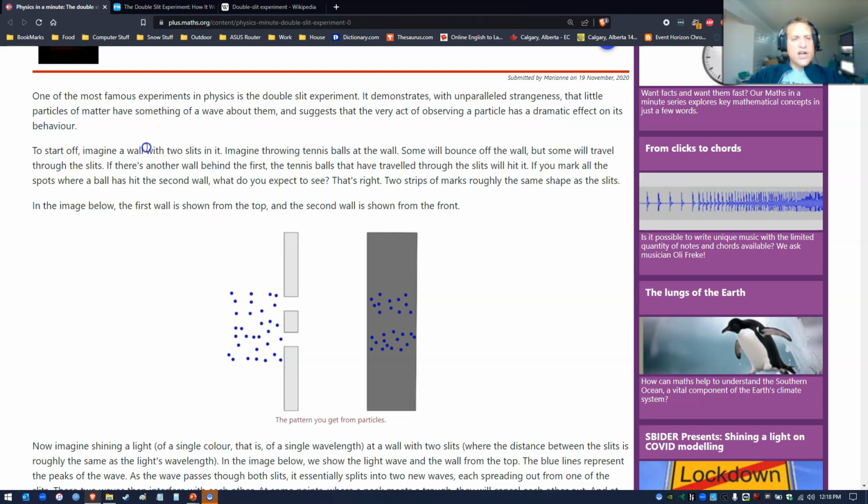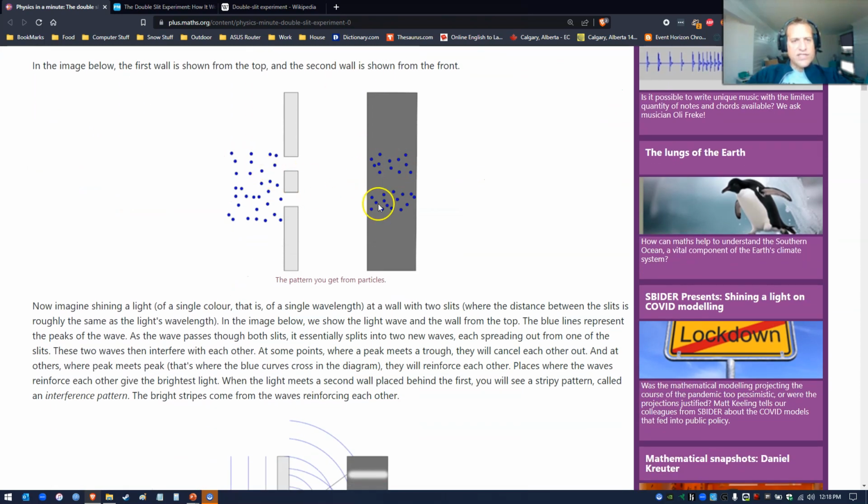Okay, so to start off, imagine a wall with two slits in it, throwing a tennis ball at the wall. Let's see what's important here. Okay, that's fine. Yeah, that's the classical result if you have things as big as tennis balls, because something as big as a tennis ball has such a tiny wavelength compared to its size. You can't get tennis balls which interfere with each other.